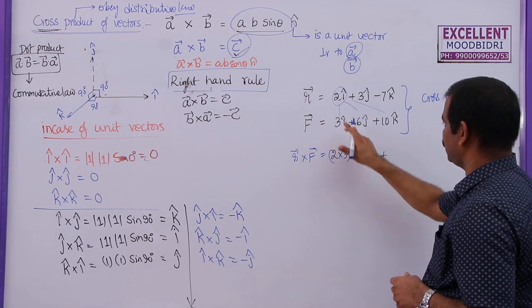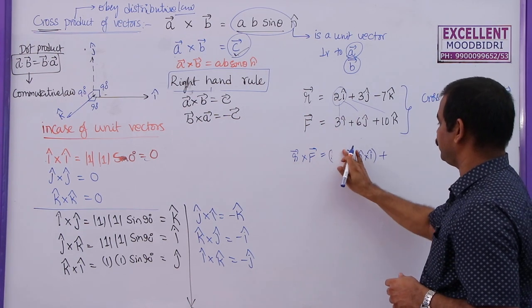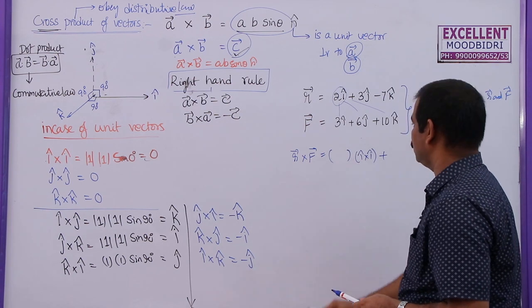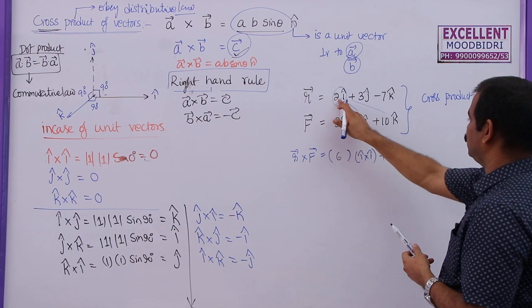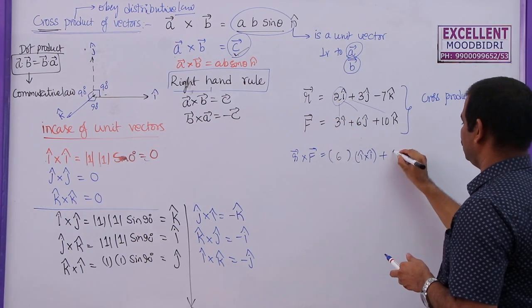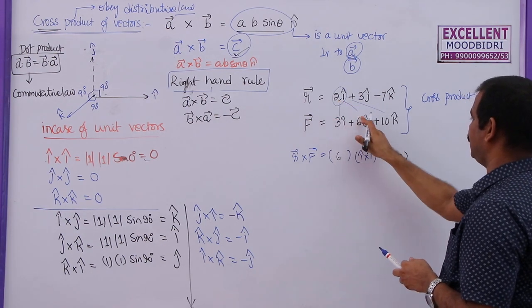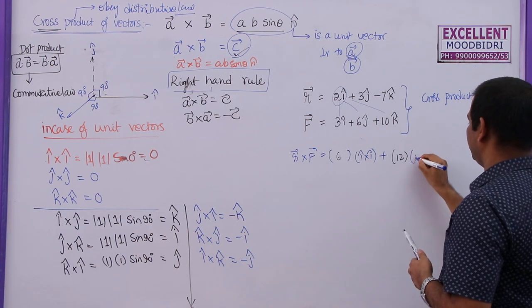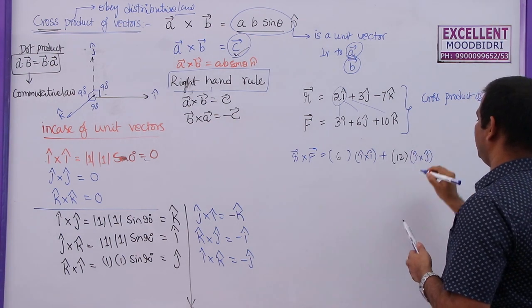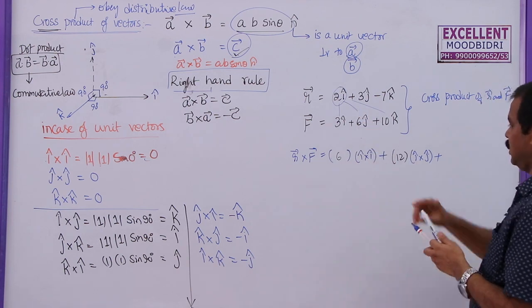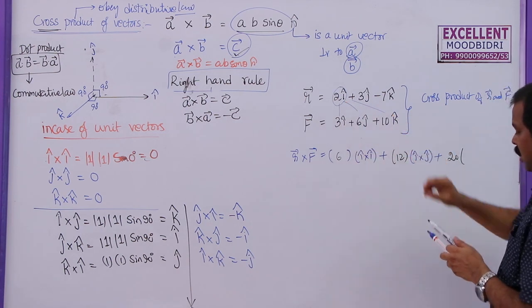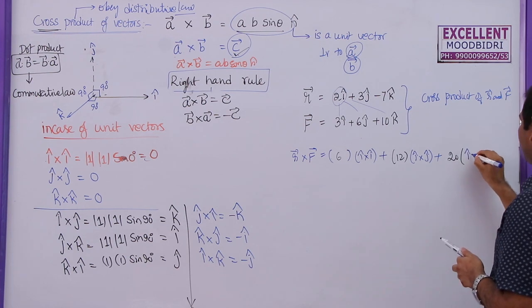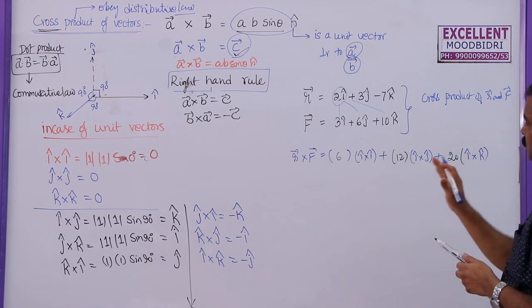So directly I am going to write: 2 3s are 6, i cross i, and 2 6s are 12, this is 12, i cross j, plus 2 10s are 20, i cross k.